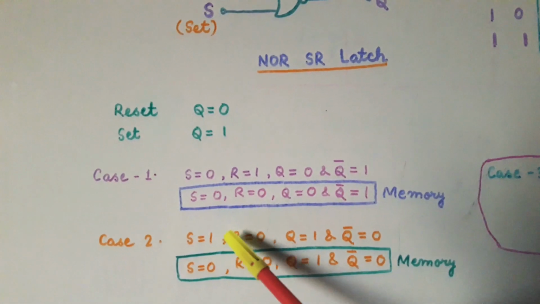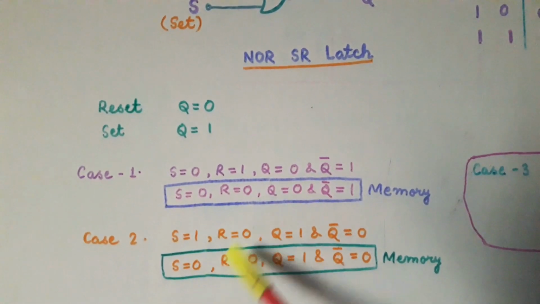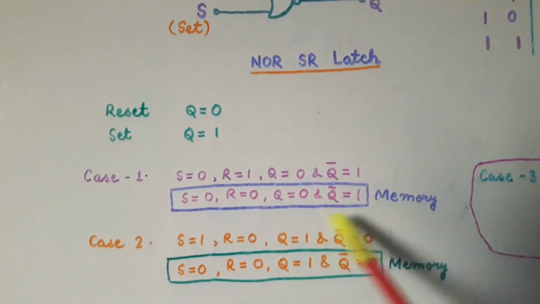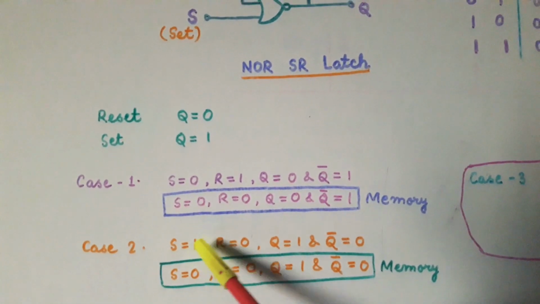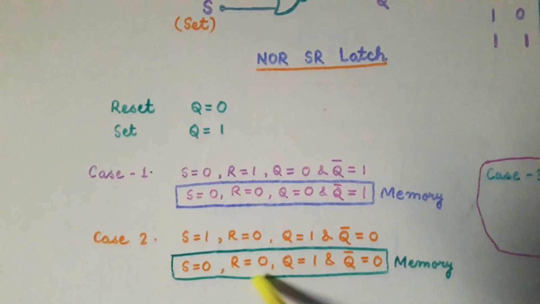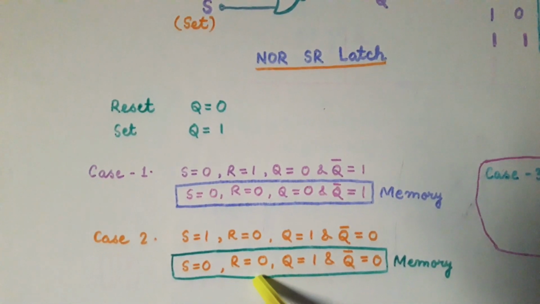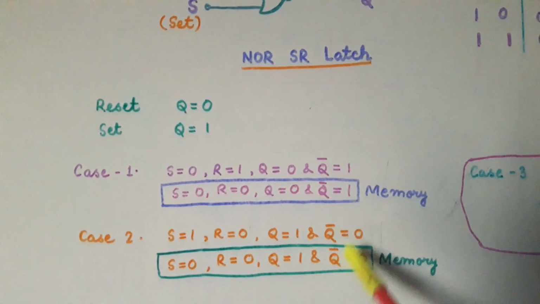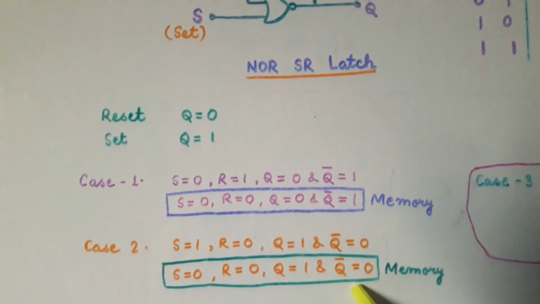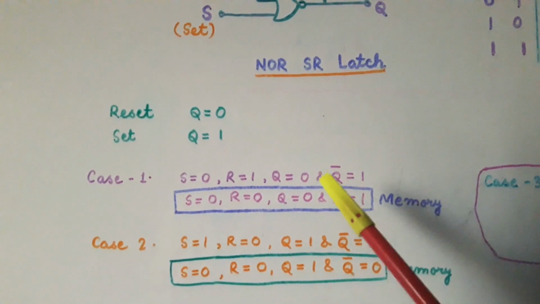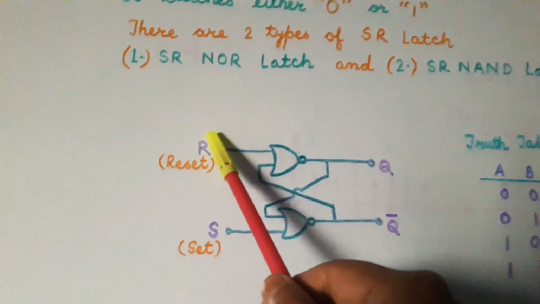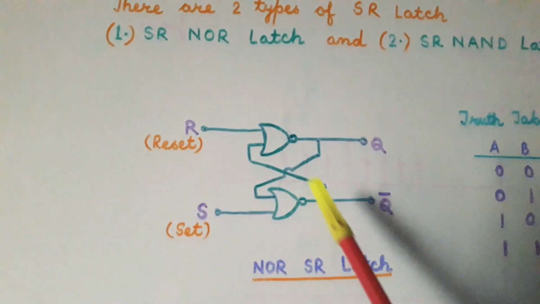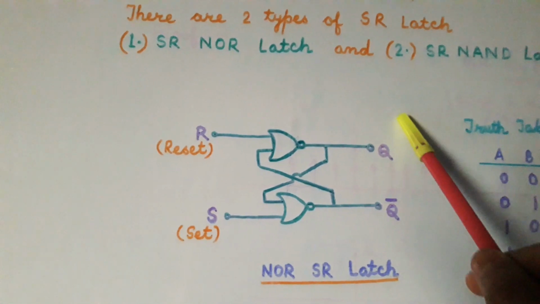Now let us remove this input, then this data must be stored in this circuit. So even when we remove these two inputs, that is we make them equal to 0, then the output should remain the same. So let us analyze for this case, that is when S is equal to 0, R is equal to 0, and we find that this value will be equal to 1.